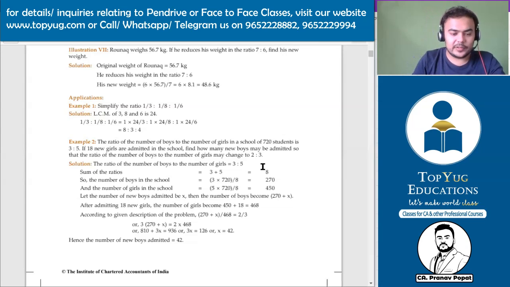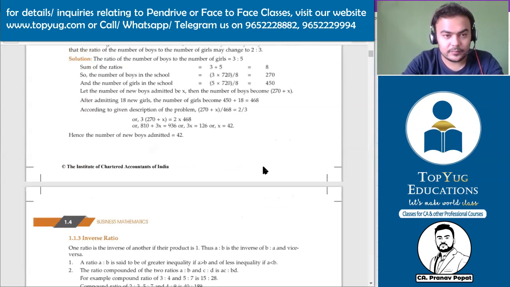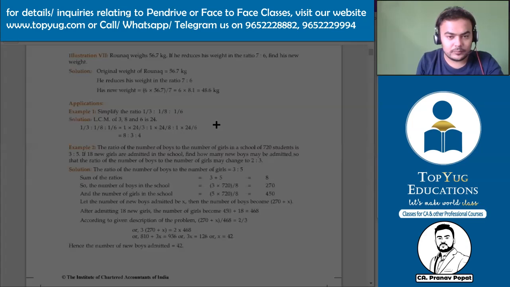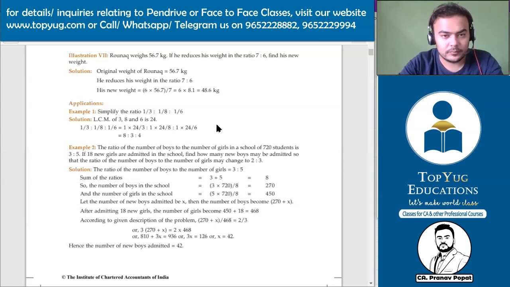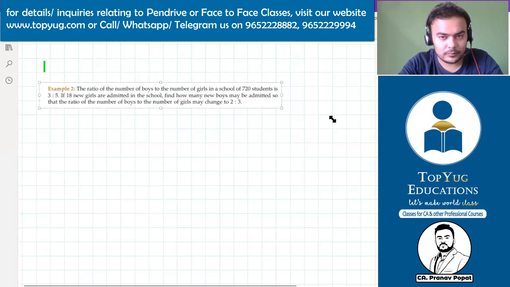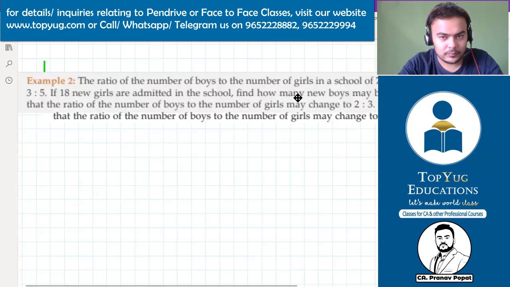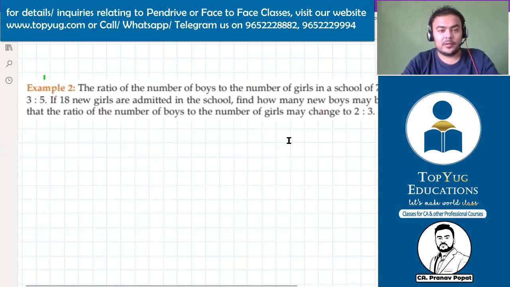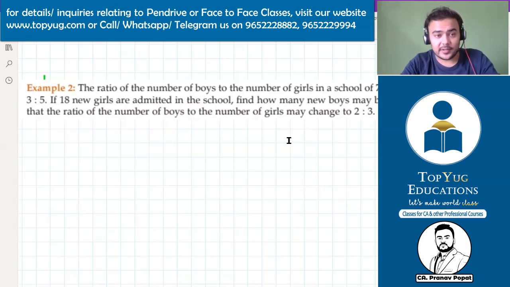Okay. This question you guys will do. The ratio of number of boys to the number of girls in a school of 720 students is 3:5.